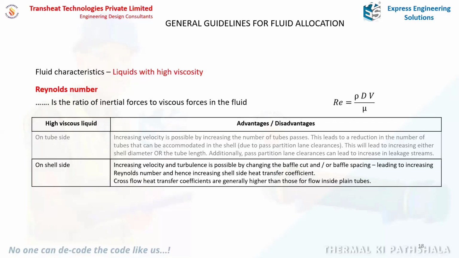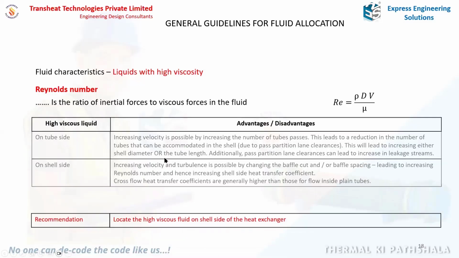Additionally, when we have baffles, we have a cross flow on the heat exchanger, and cross flow heat transfer coefficients are generally much higher than heat transfer within straight tubes, because the amount of turbulence which we create in cross flow is more compared to flow through straight tubes. So considering these factors, the recommendation is generally to locate the highly viscous fluid on the shell side of the heat exchanger.